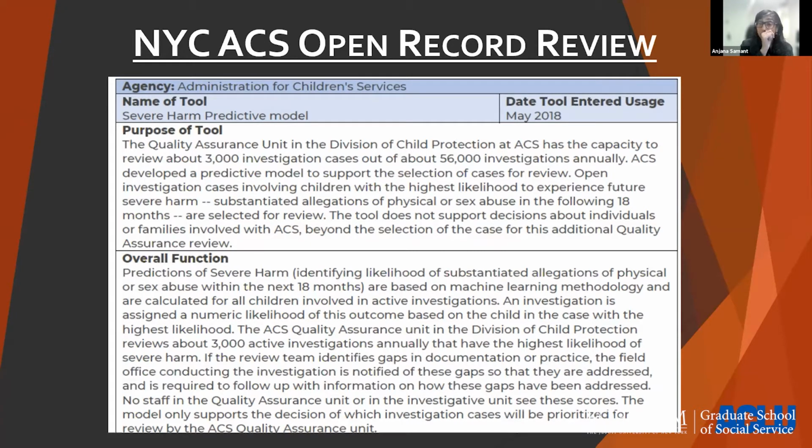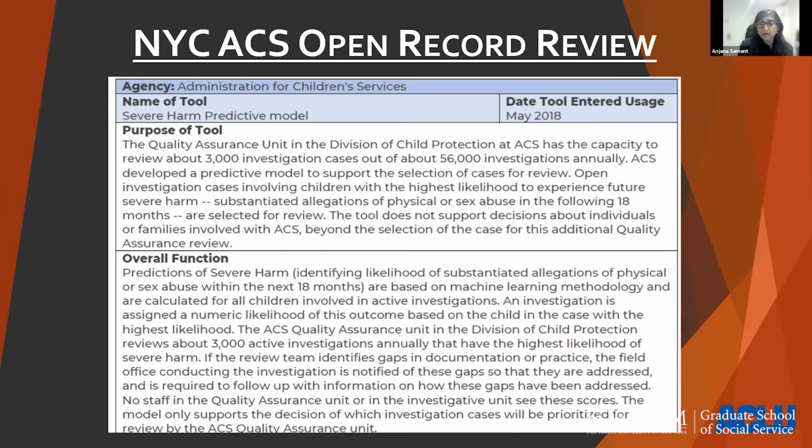Once an open case has been flagged as such, those cases are reviewed by a particular unit within ACS. So it's almost like a bit of an auditing process to identify cases that they think are higher risk.